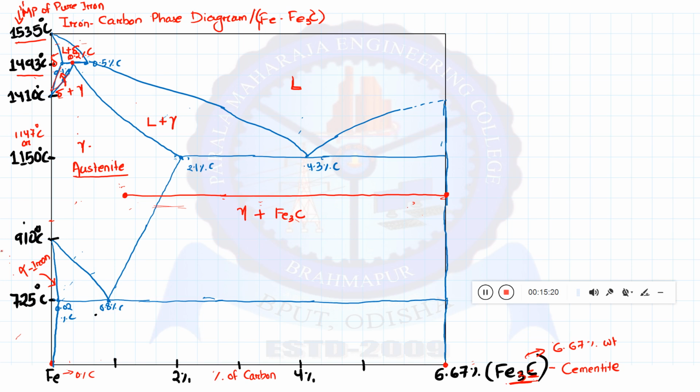Similarly, we can name other phases also. So this will be our alpha plus gamma, and this will be our liquid plus cementite or Fe3C, and this mixture of the phases will be named as ledeburite.